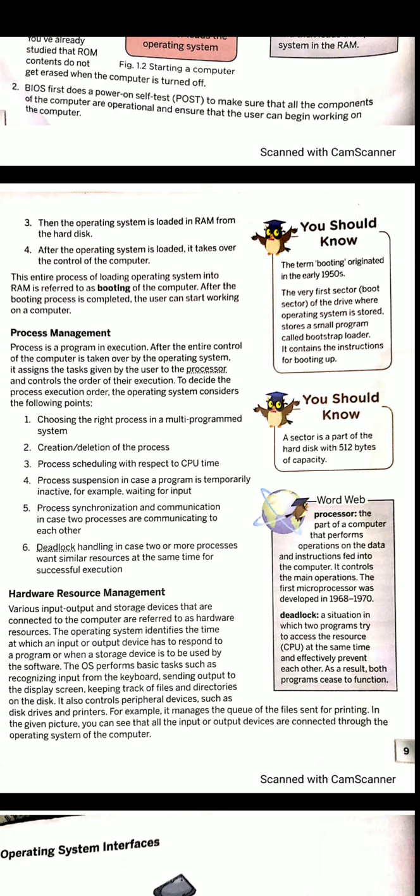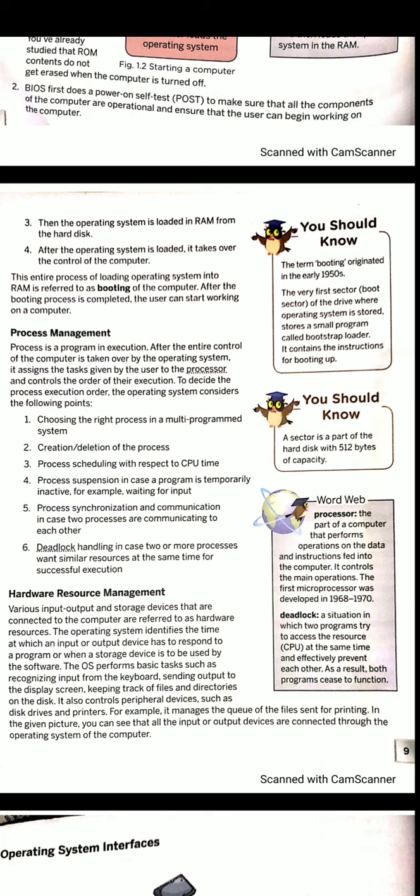Second, creation and deletion of processes. Third, process suspension in case a program is temporary or inactive. Fourth, process synchronization and communication in case two processes are communicating with each other. Fifth, deadlock handling. Deadlock is an important topic of operating system. Deadlock handling is needed when two or more processes want similar resources at the same time for successful execution.